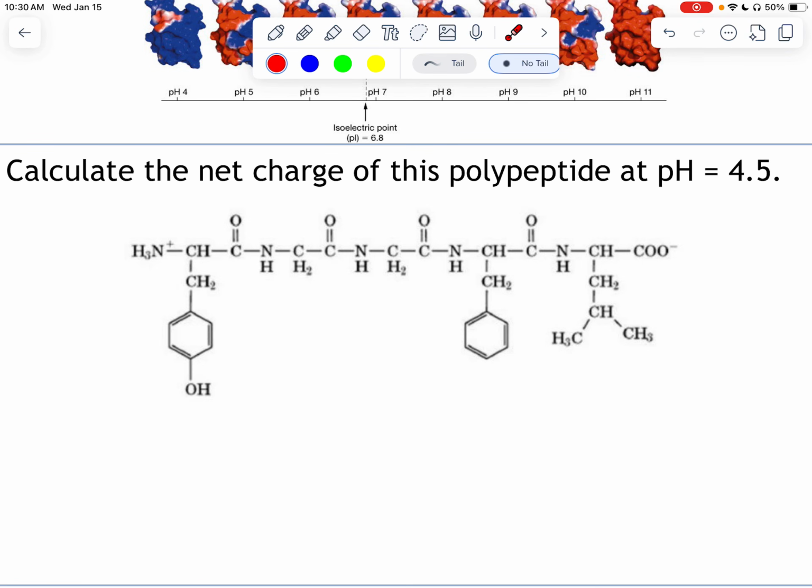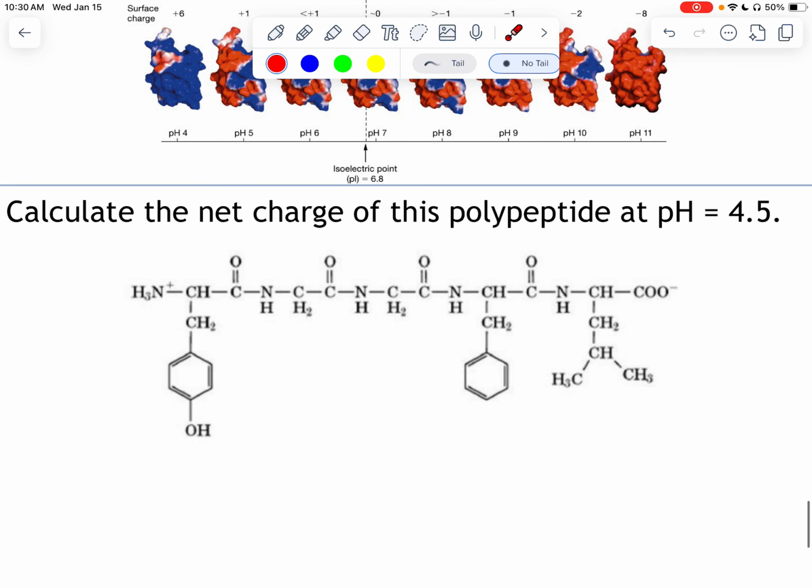If we wanted to figure out the charge on a polypeptide at a specific pH, we're going to need to know our various pKa's. So when you look at this, you're going to want to go through here and identify these, all right? And look for our linkages. To the left of that is one amino acid.